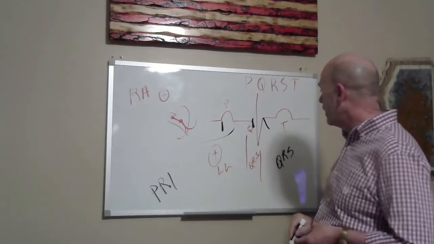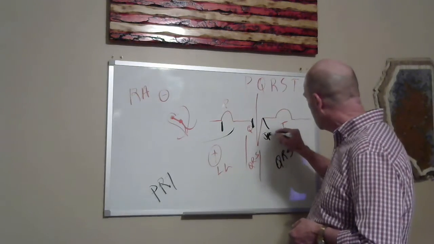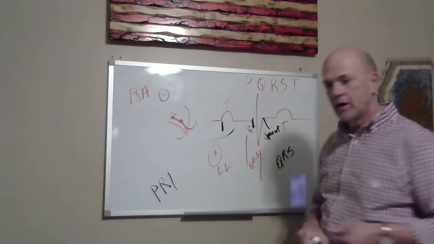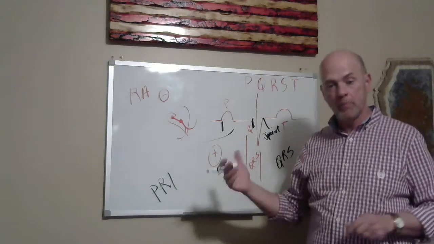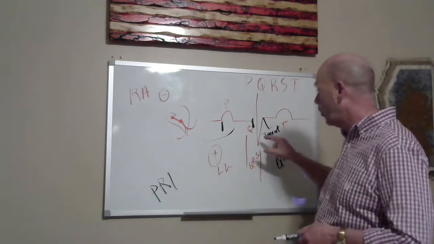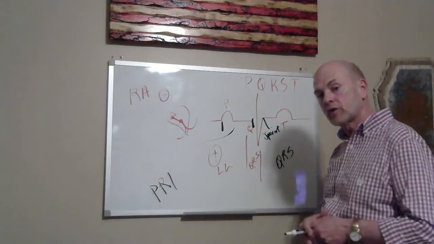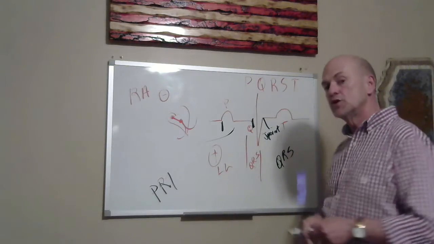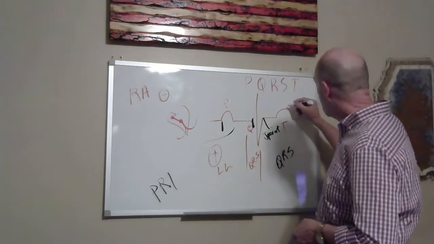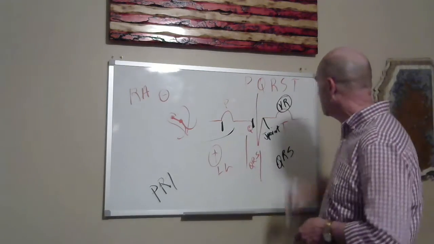The point where the S wave returns to the isoelectric line is called the J point. We'll talk about that much later when we're doing 12 leads. It's really important when we're trying to decide if someone's having a heart attack or not. That J point, where the S wave meets the isoelectric line and moves into the T wave, is, like I said, ventricular repolarization.